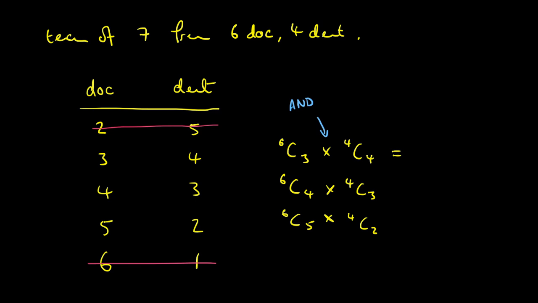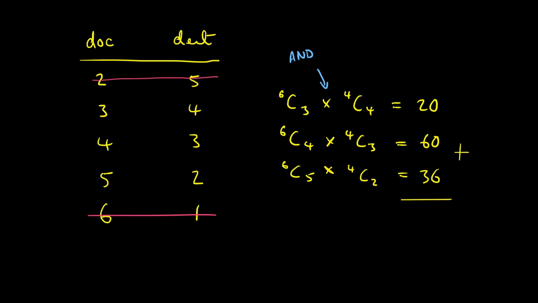So now I'm just going to calculate what these values are. 6C3 is 20, and 4C4 is 1. 6C4 is 15, and 4C3 is 4, so times by 4 is 60. 6C5 is 6, and 4C2 is 6, so that's 36. Now we add up all of those. 20 plus 60 is 80, and then 80 plus 36 is 116.